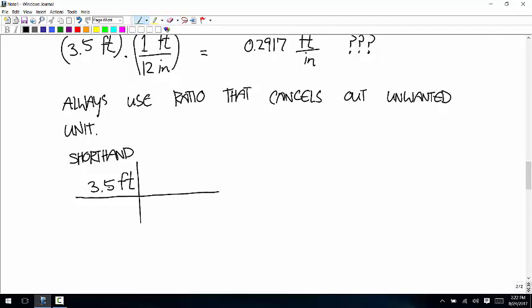So there's 3.5 feet. In the denominator here, we have 1 foot. In the numerator, we have 12 inches. Saves a few pen strokes, makes it easier to keep track of what thing is in the numerator and what's in the denominator.